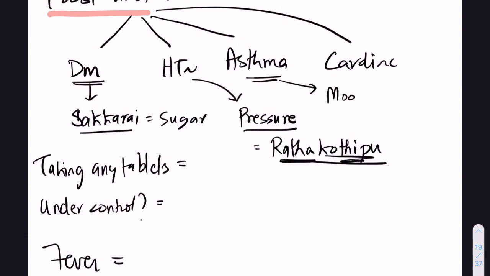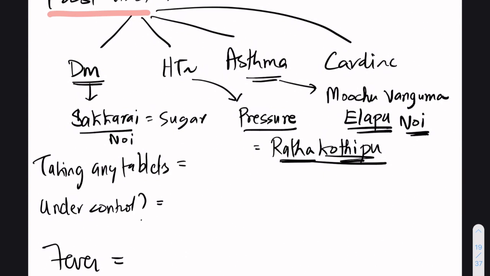Moochu vanguma, it's for breathlessness. To be more specific for asthma, it is called yelappu noi or yelappu vyadi. Noi means disease. Yelappu noi, sakkarai noi, pressure vyadi or pressure noi irka.